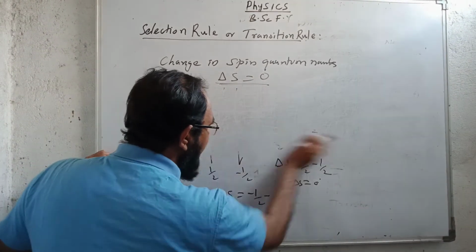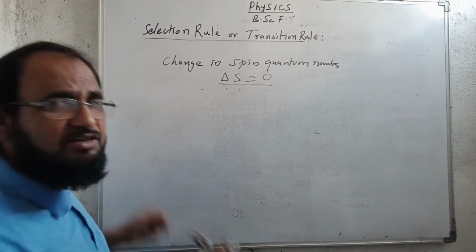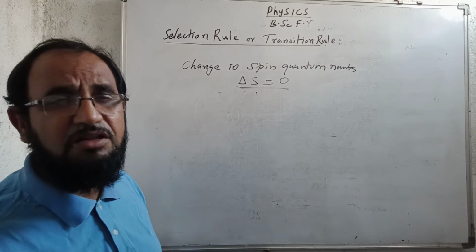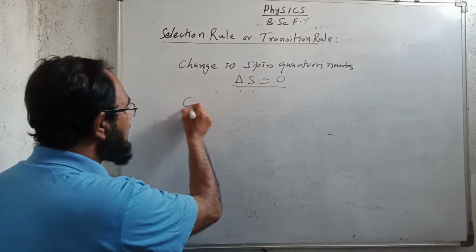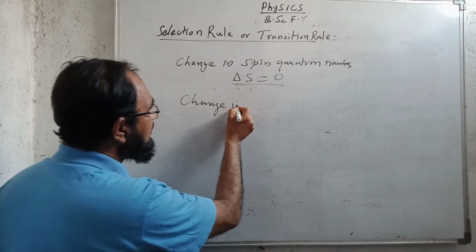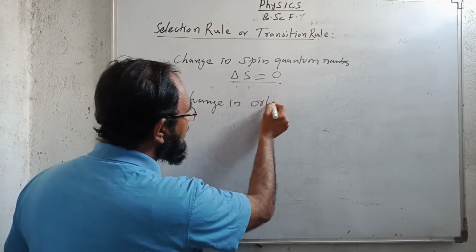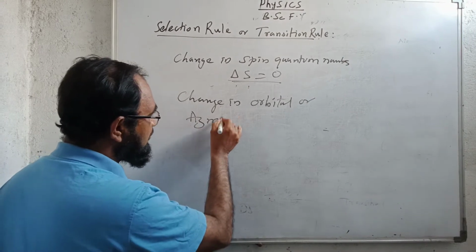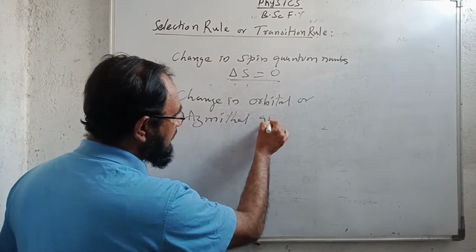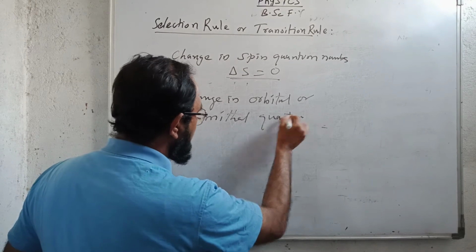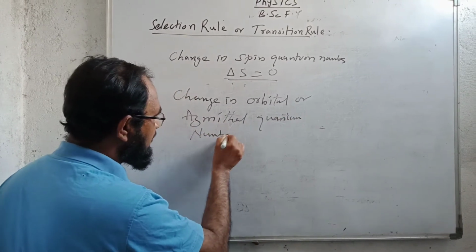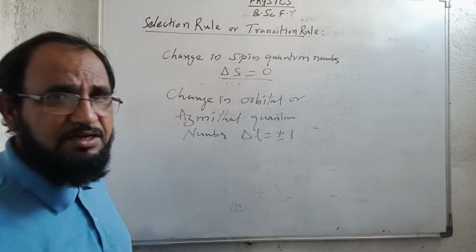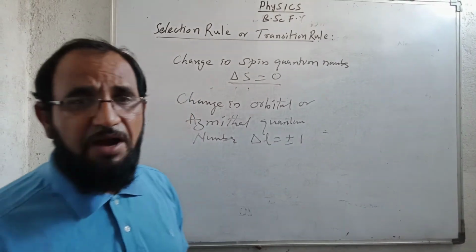The second rule states that the change in the orbital or azimuthal quantum number, delta L, should be equal to plus or minus 1.